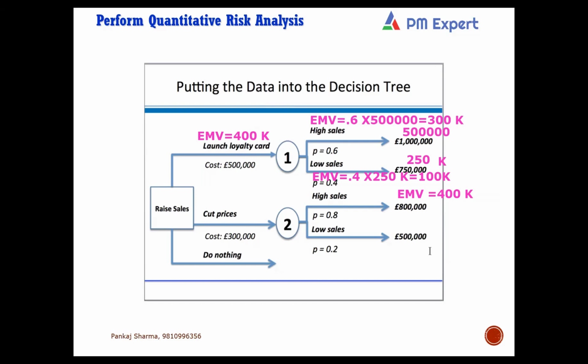And for low sales, this is 40. So the total EMV for this is 440K. Is that okay, guys? If you have doubts, please ask me.